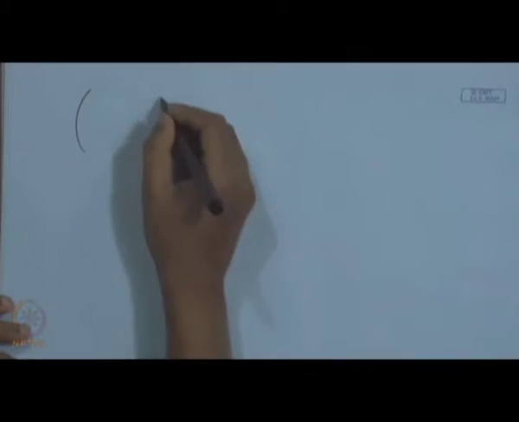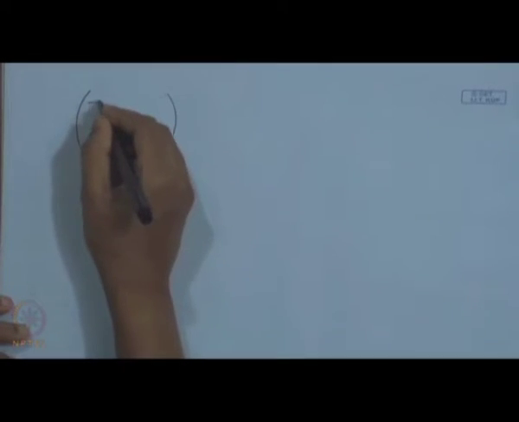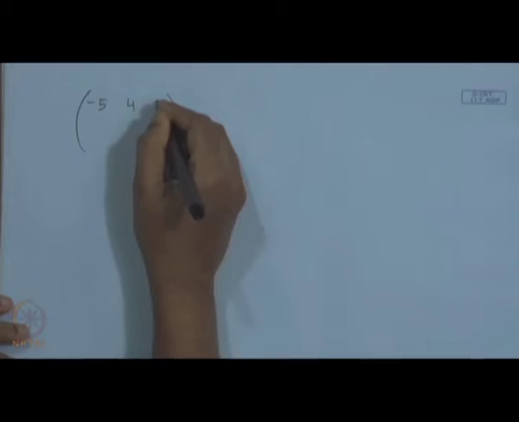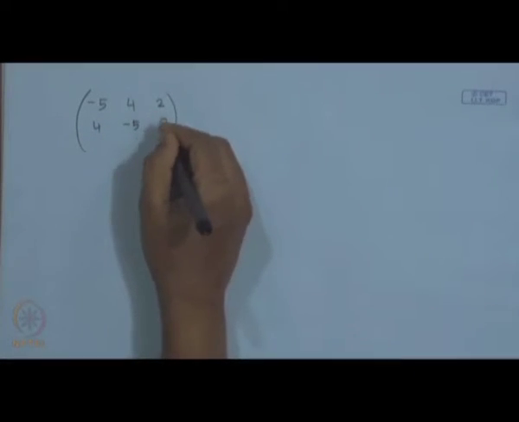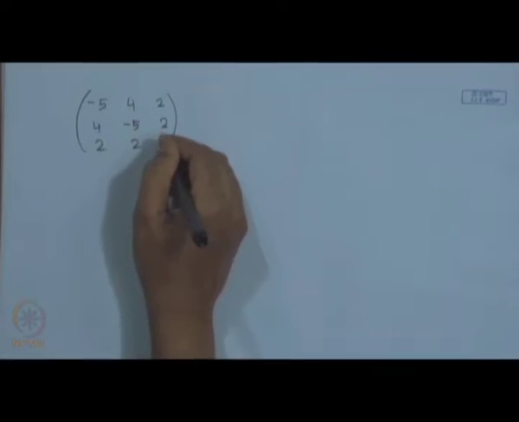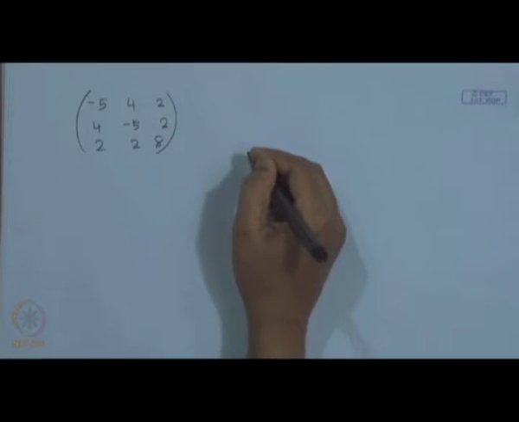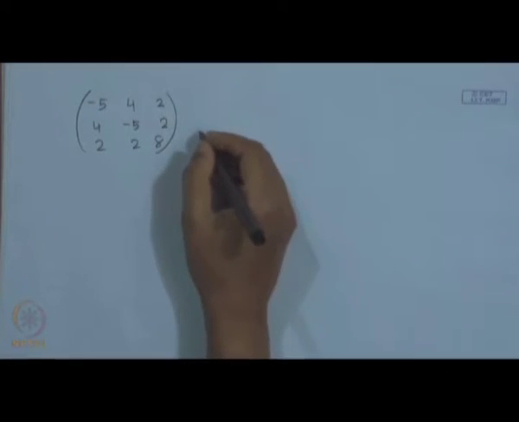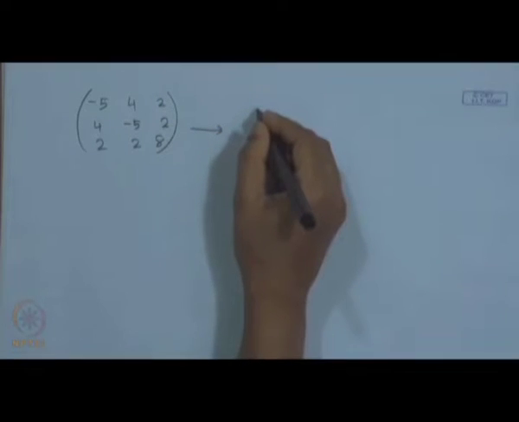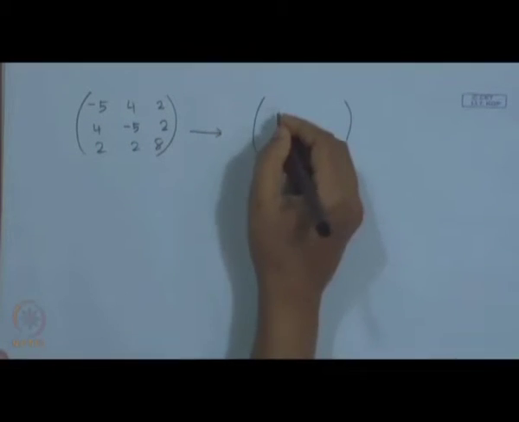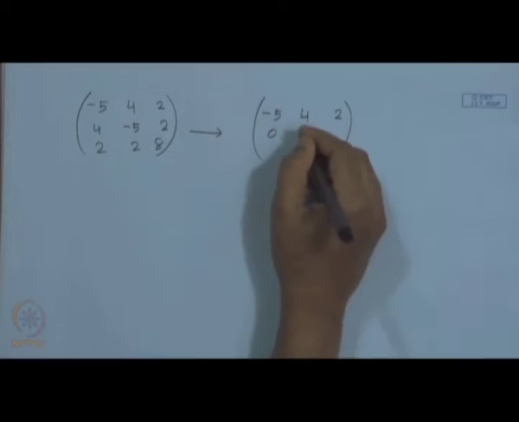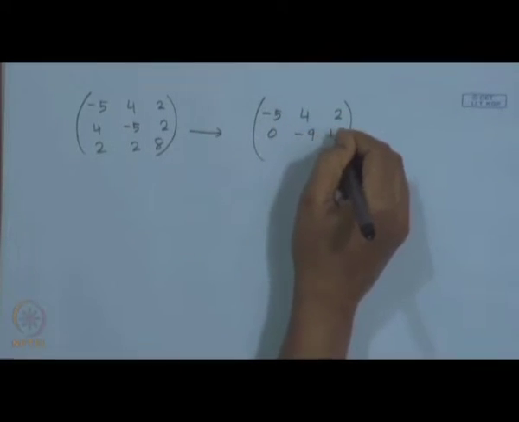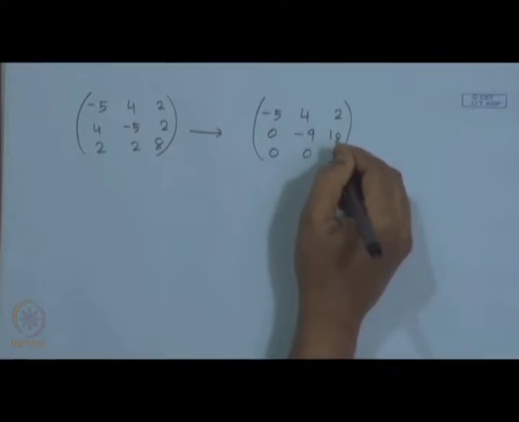Here this coefficient matrix is [-5, 4, 2; 4, -5, 2; 2, 2, 8], and an echelon form of this is like this: [-5, 4, 2; 0, -9, 18; 0, 0, 0].